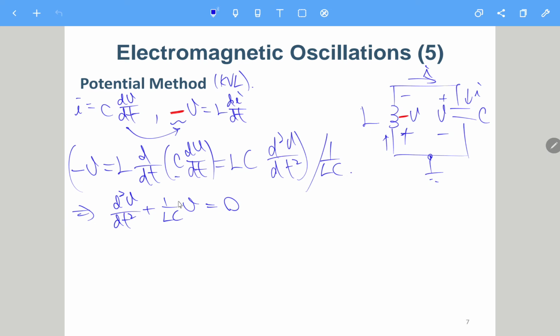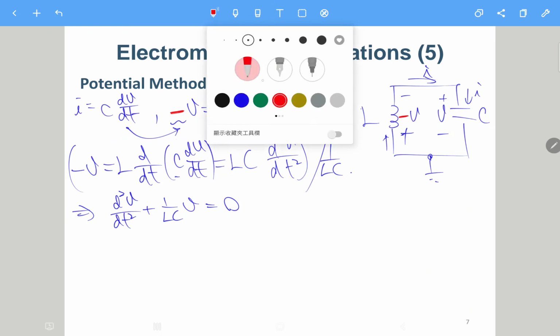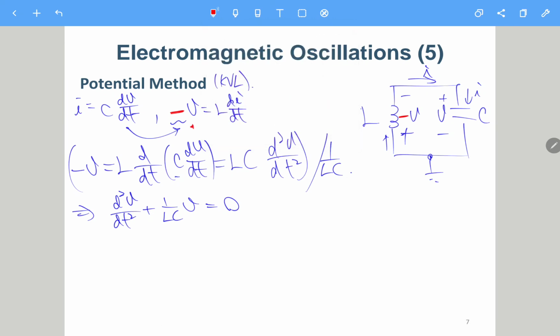Actually, if you try to plug this one back to here, you will get something like I equals C dV/dt. So V is a negative L di/dt.